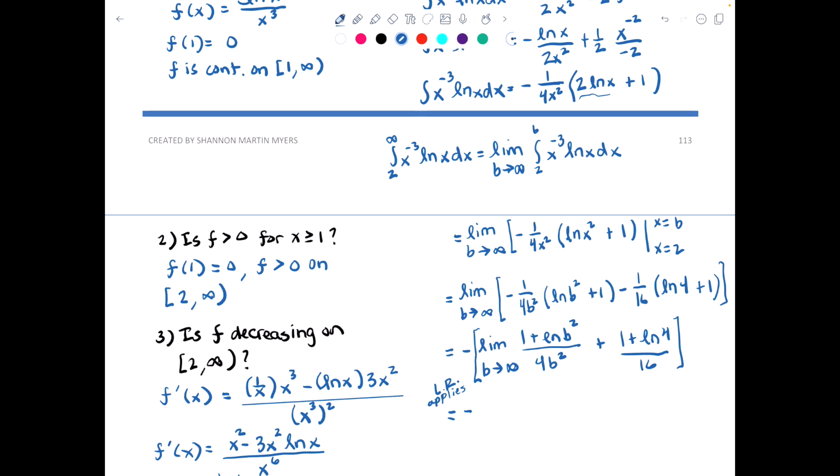So what we'll have is negative limit as b approaches infinity of 2b over b squared divided by 8b, and then this one stays the same.